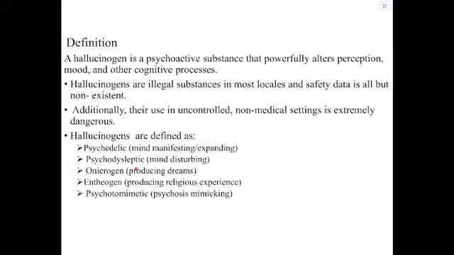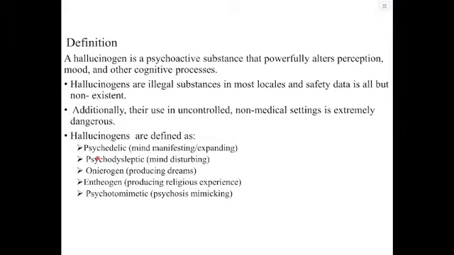What can we define them as? Hallucinogens can also be called psychedelics, which means mind manifesting or mind expanding. We can also call them psychodysleptic, or mind disturbing, because we've seen they will alter your perception and your cognitive process.